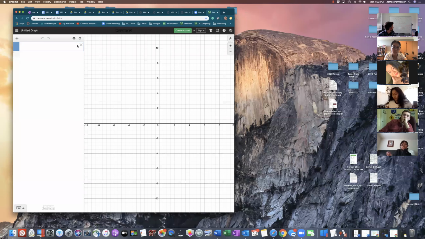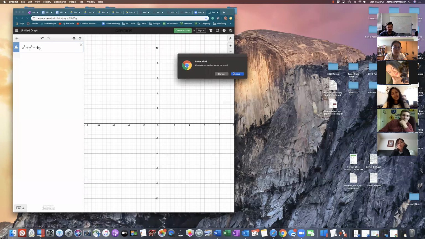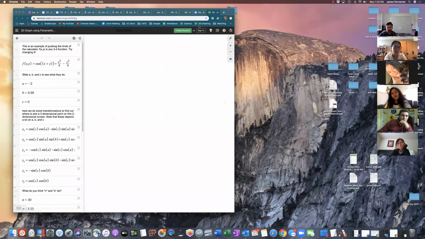And if we graph this, x to the 4th plus y to the 4th minus 4xy plus 2. You gotta do the 3D graphing maybe, James? Okay, sorry. Good job. There we go.